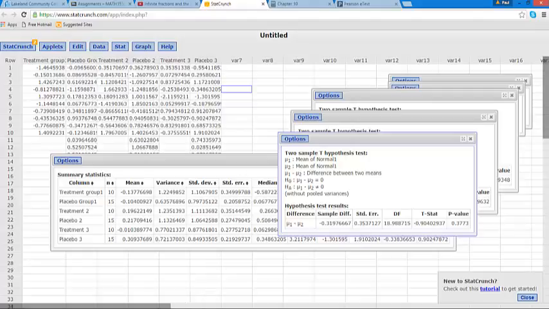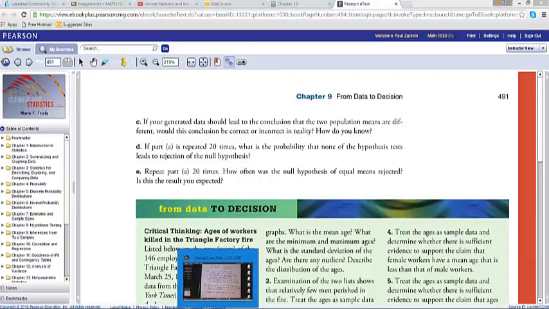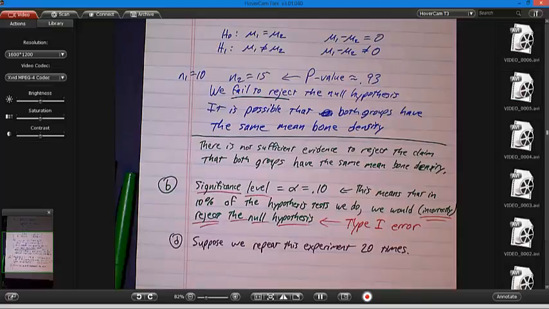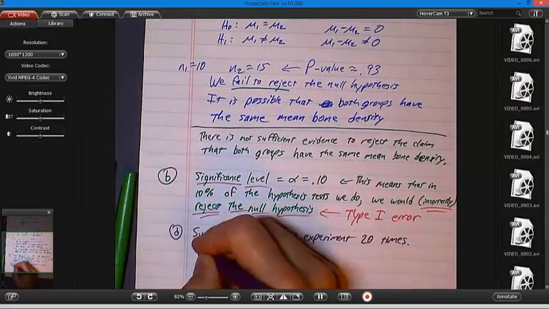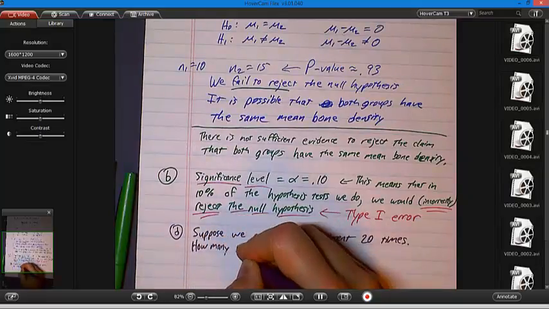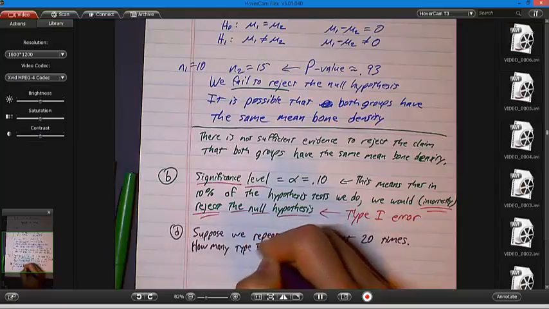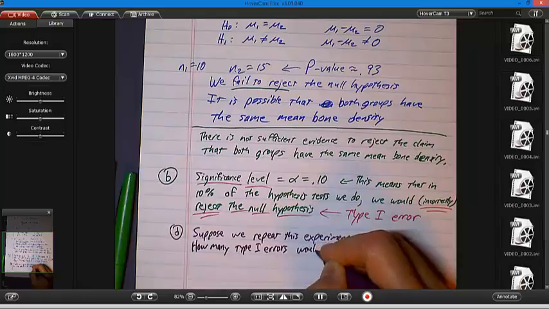And so really, when I look back at the project and the problem states, what's the probability that none of the hypothesis tests lead to rejection? Maybe before I answer that, I can answer this question. Suppose we repeat this experiment 20 times. How many type 1 errors would I expect?